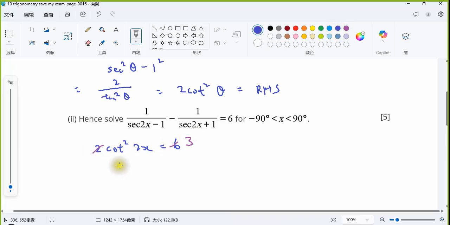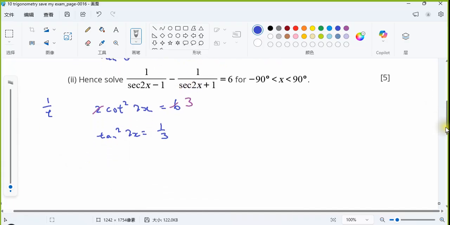So we have this one is 1 over tangent. So tangent square 2x is 1 over 3. Okay, cross multiplication. So the tangent 2x will be plus minus square root 1 over 3, plus minus 1 over square root 3.